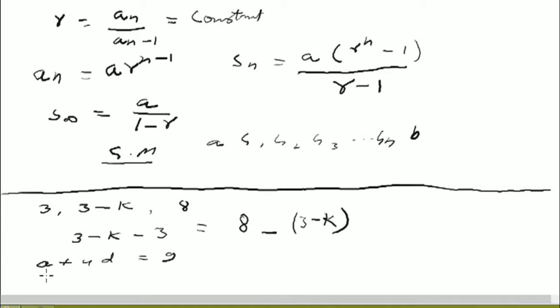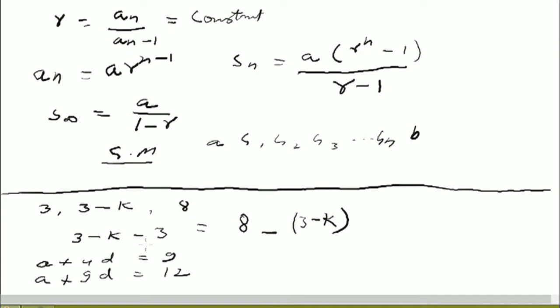Suppose question is given that fifth term, that is a plus 4d, is equal to 9, and 10th term, that is a plus 9d, is equal to 12. That means two statements given regarding a and d. So if we solve them simultaneously, we can get the values of a and d. Once we know the value of a and d, everything is done about the AP.